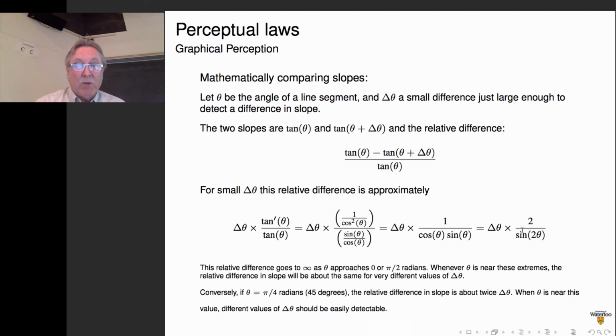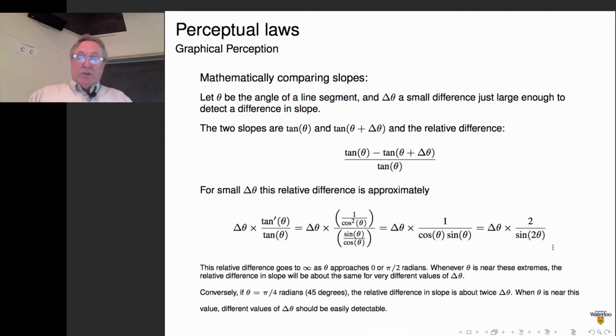So this is all going to blow up, which means that if this gets very large, I'm not going to be able to really tell differences. One delta theta is going to be about the same as another delta theta. However, this kind of thing is minimized at theta equals pi over 4, which gives you some sort of hand-wavy mathematical justification for why we seem to be very good at detecting pi by 4, so 45 degrees.